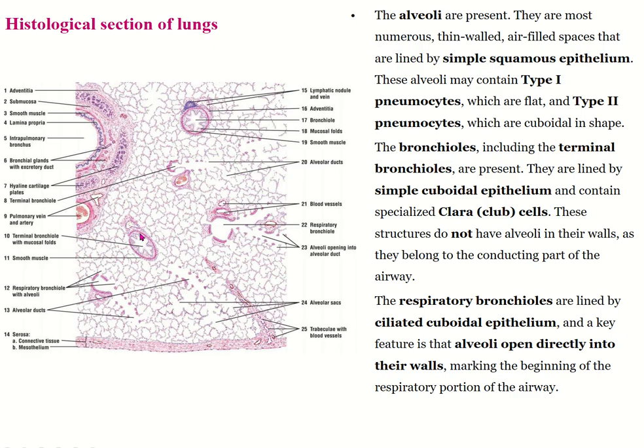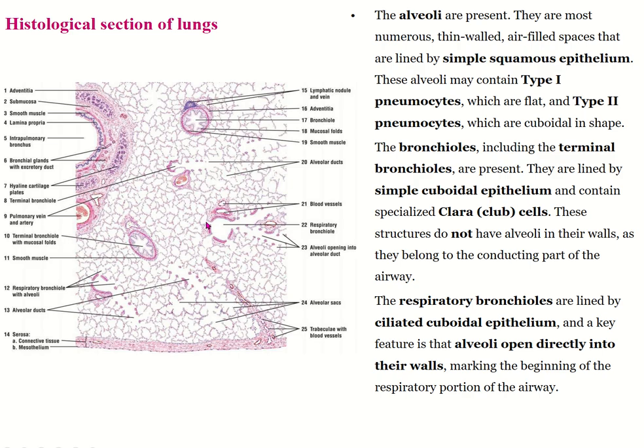You see the terminal bronchiole, which contains a continuous layer of well-developed smooth muscle layer. This is another terminal bronchiole. You see the simple cuboidal lining epithelium surrounded by a continuous layer of smooth muscle cell.